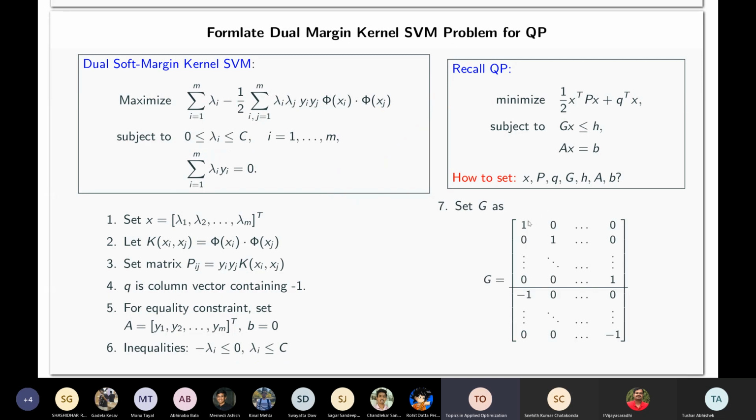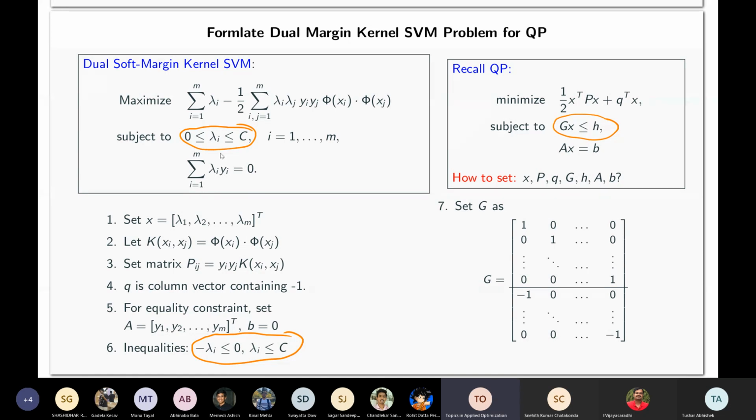OK, now we can set G as the following. So this G follows the inequality constraint, right? This corresponds to these inequality constraints, so put them in the form Gx is less than equal to h, right?